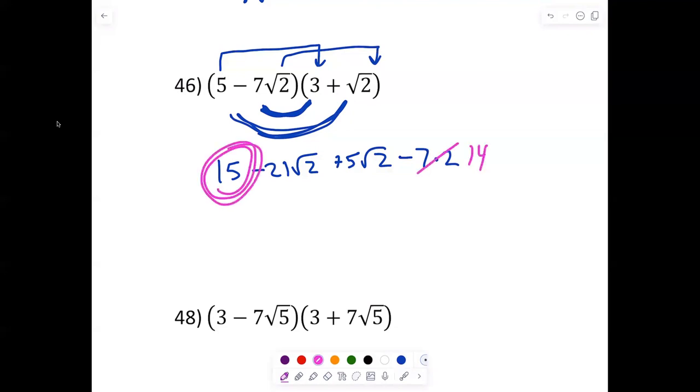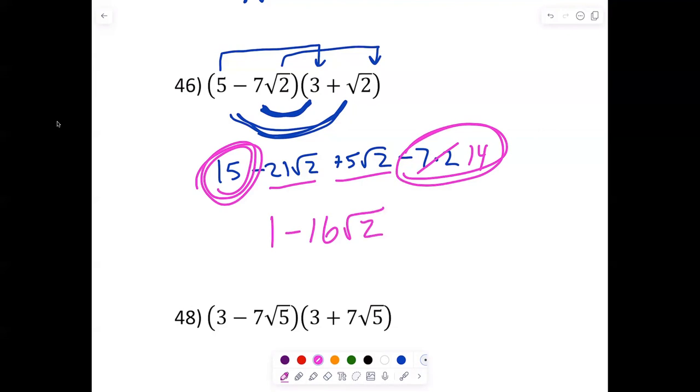So 15 minus 14 is what? 1. Negative 21 radical 2 plus 5 radical 2 is negative 16 radical 2. Anybody got a problem with that?